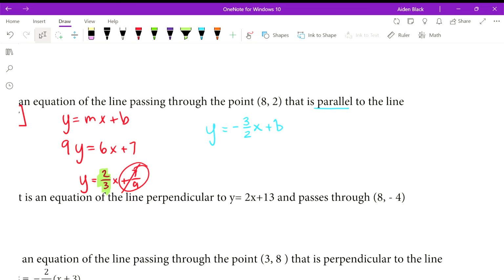You can use point slope form if you want to do that, in which case this would be x1, y1, and you would just use point slope form. I prefer to do it this way. It allows me to plug in my y, which is 2, and then my x, which is 8.